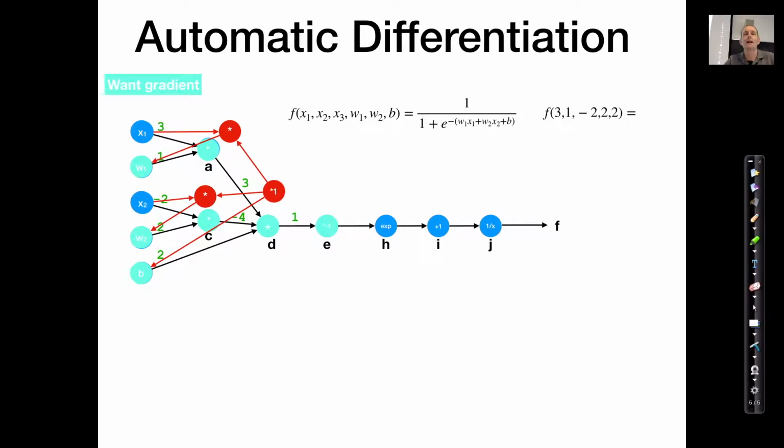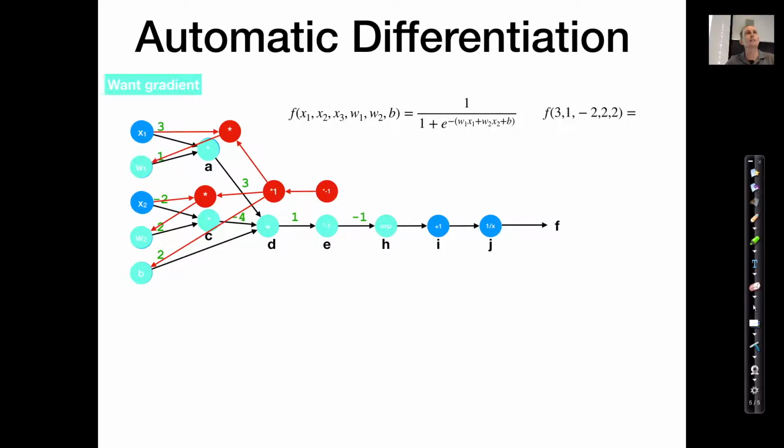And now the times -1, we're going to have a times -1 because that's a derivative. We will output to the previous gradient node. And now for e to the x, that's going to be a little trickier, right?